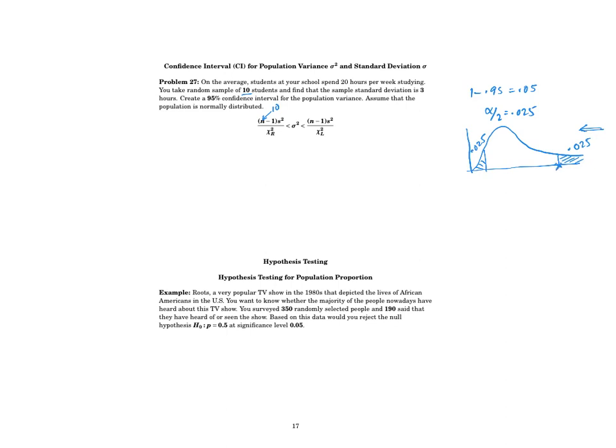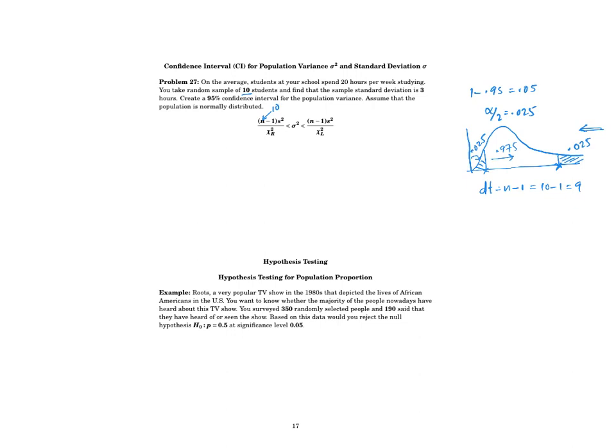Okay, and to find this value, you do not consider this area. You consider 1 minus 0.025. That is the area to the right of this, which is 0.975. Okay, and your degrees of freedom is going to be n minus 1, which is 10 minus 1, 9, right?